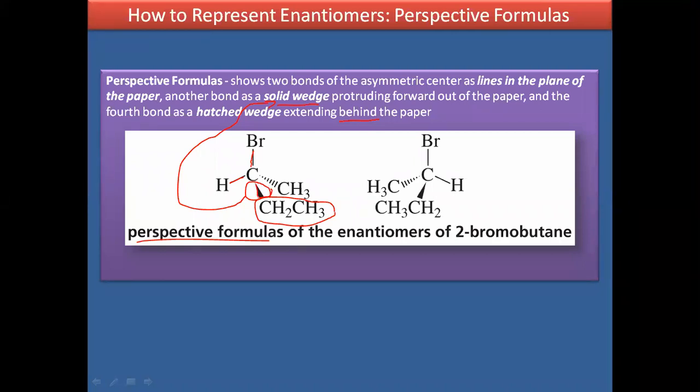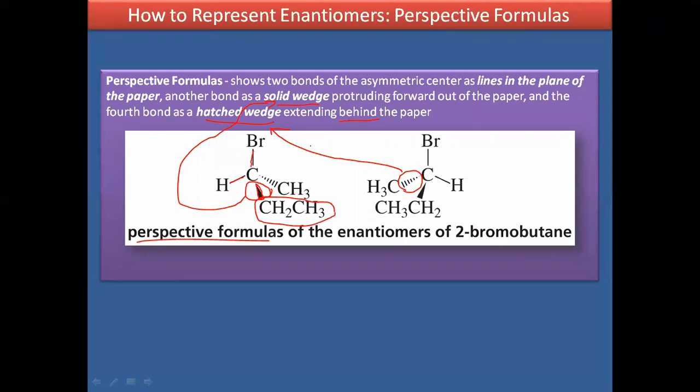And this type of line shows that the particular group or atom is forward out of the paper. Means these atoms are very near to the observer, whereas the hatched lines, also called dotted lines, hatched wedge or dotted wedge, indicate that the particular group or bond is behind the paper if you see it in the 2D plane.